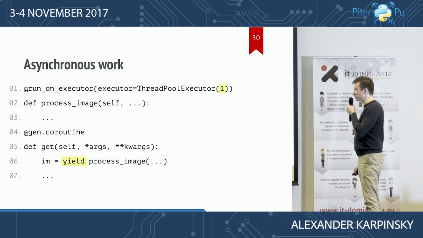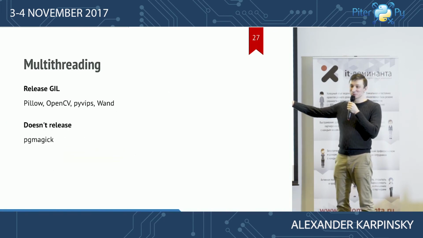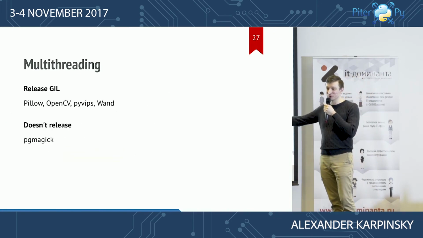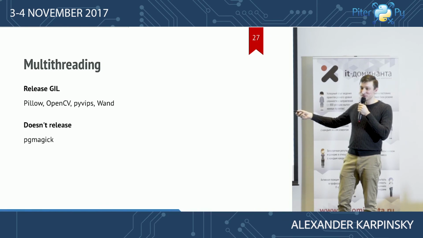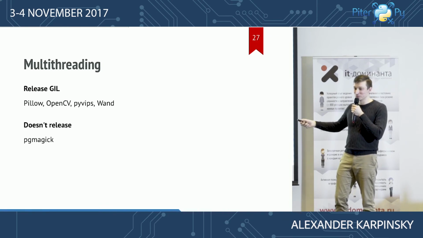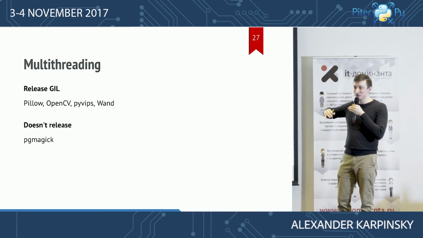Oh, yes, I got you. I got what you are driving at. Right here, we just release the GIL for the runtime of the transaction, that is to say, while the graphical library is running on an image.